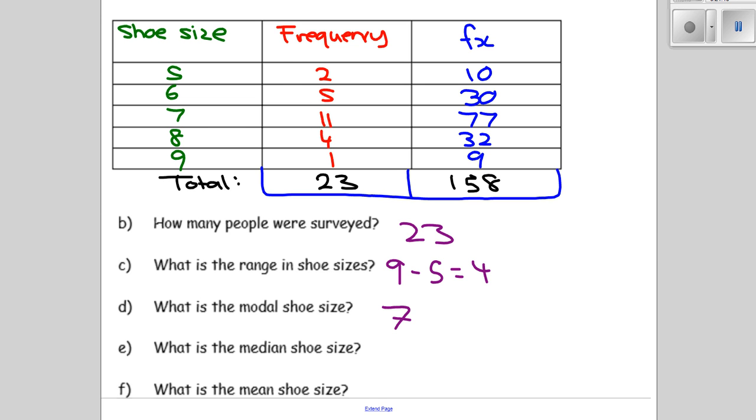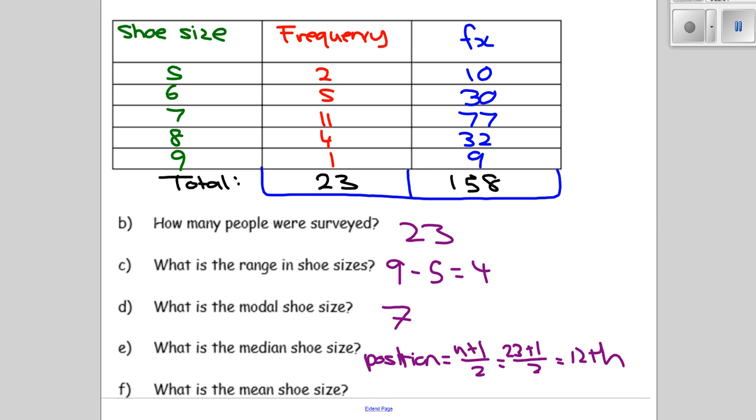What's the median? Some people would look at it and just think 7, but you need to find the median position. The position is n plus 1 over 2, which equals 23 plus 1 over 2, equals 12. Is 12 the median?